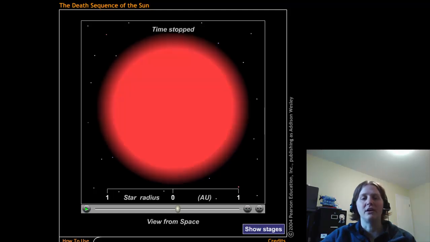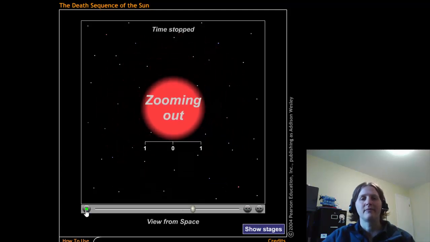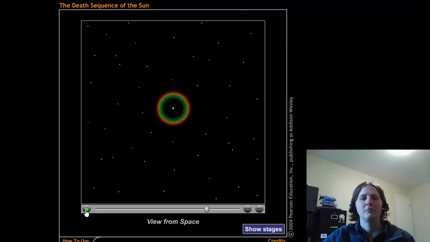Double shell burning star. Notice the radius of this thing. The radius is 1 AU. That's Earth's orbital radius. The Earth will probably be eaten by the sun at this point. It'll have already been baked. Don't worry about that. We'll already be dead or gone. But here, Earth gets eaten. Poof! Planetary nebula gases leave, and then all you have left is the white dwarf, which is cooling and dimming with time.